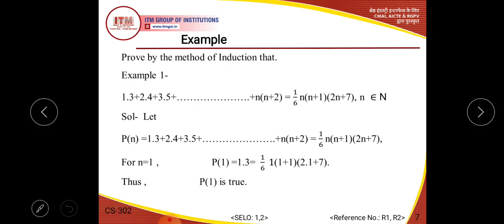Now an example based on mathematical induction, by which you can easily understand. Now example number 1.